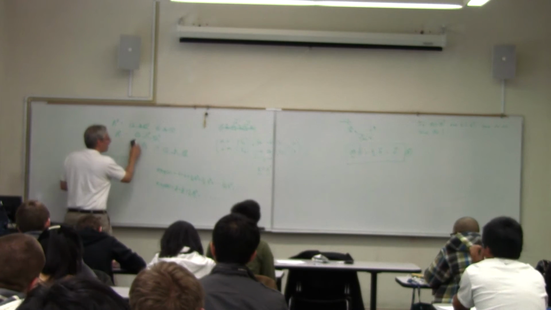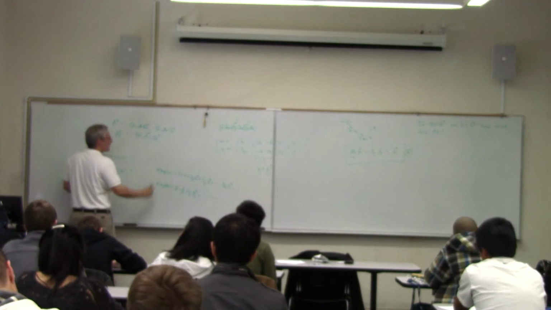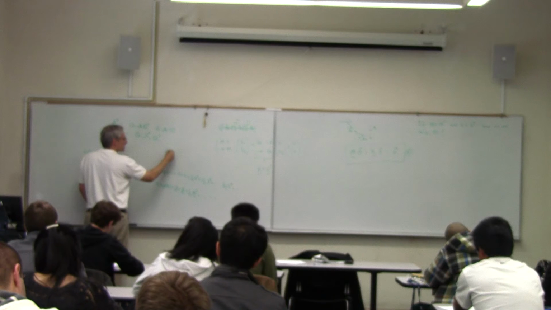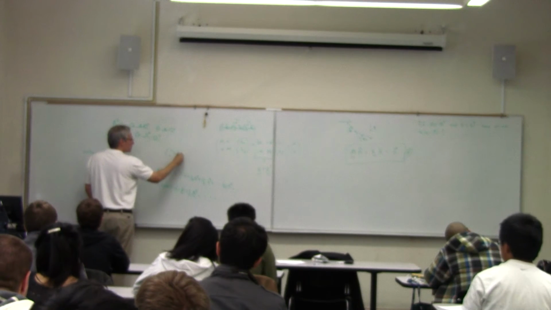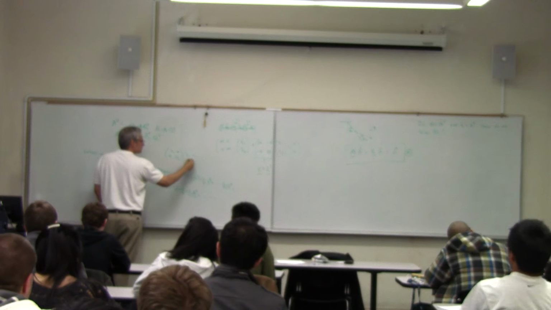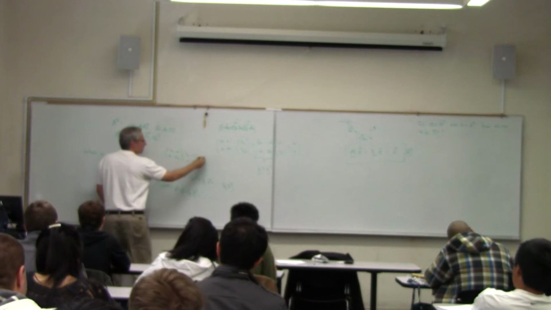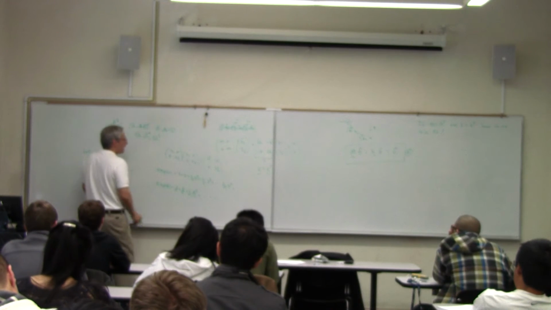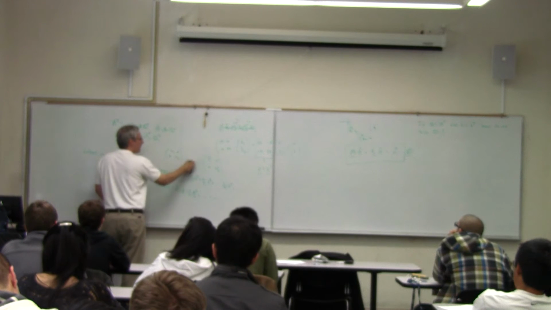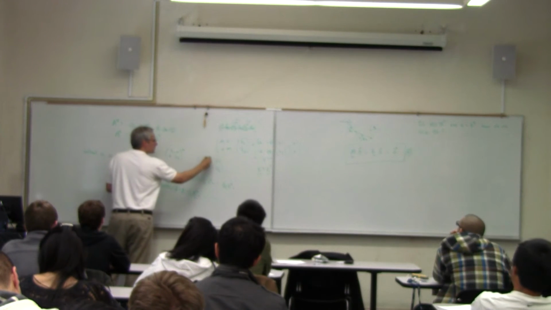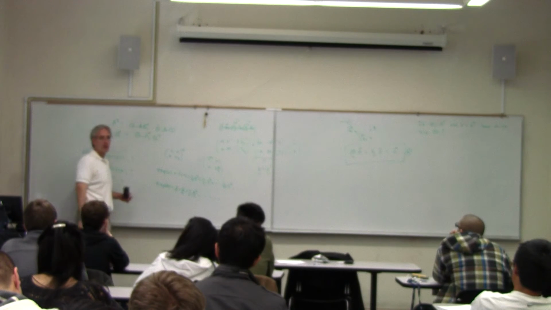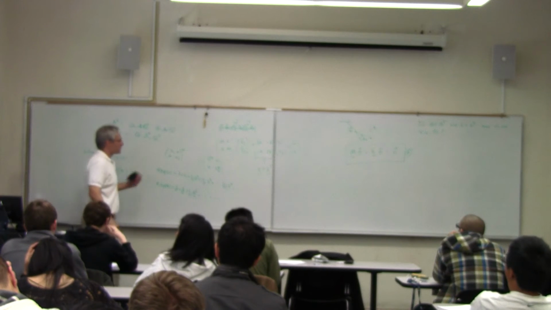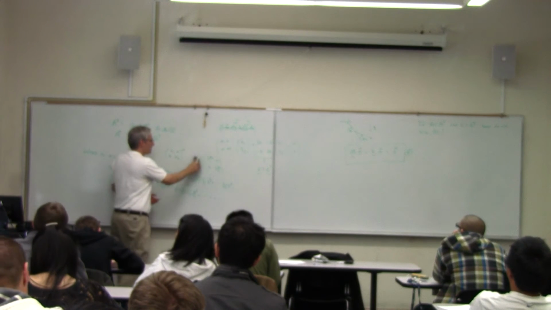Now, the reason why this is so convenient is because lambda is diagonal. If I take a diagonal matrix times itself, we'll just look at the two-dimensional case. This is going to be lambda 1 squared, 0, 0, lambda 2 squared. Okay? And if I took this to the nth power, this would just be raised to the nth power. So diagonal matrices are very special in this regard, in that they behave pretty much the way numbers behave.